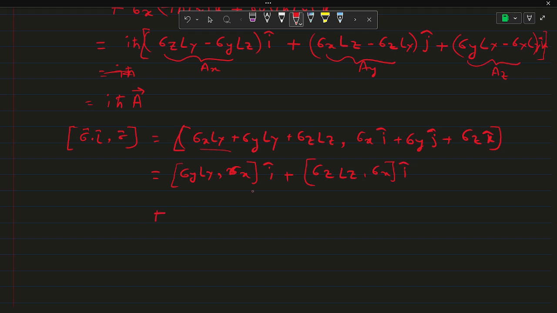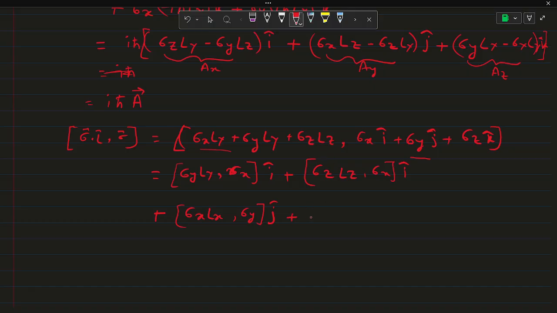plus, now we will go for the jth component, sigma x Lx sigma y j cap plus the second term will be 0, sigma y Ly commutes with sigma y, so this term will be 0.